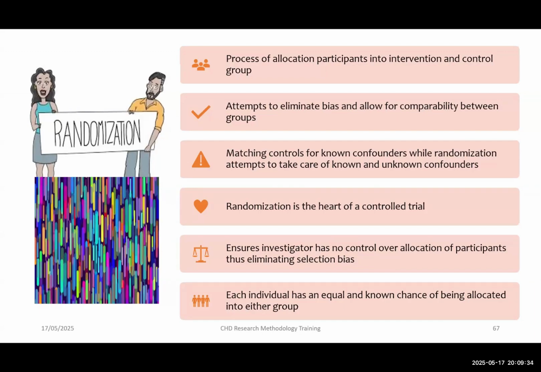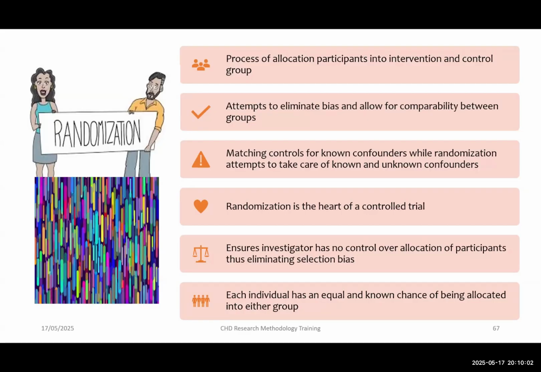Randomization is the process of allocating participants into the different groups they belong in. And the whole essence is it tries to remove, reduce, or eliminate bias and allow that both groups will be comparable, so that even if there are some people who have blood pressure that is controlled, they can be in both groups. It's not only in one group.